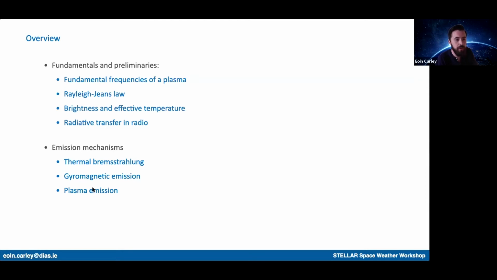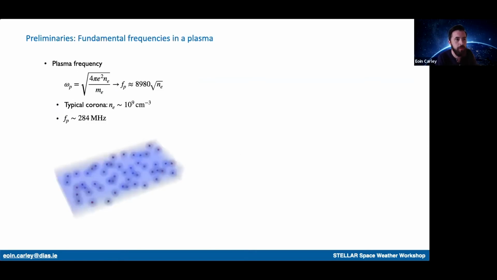And then ones that are important for solar flares are the gyromagnetic emissions, of which there are three flavors, and I'll describe them. And then most important for the low frequency domain, particularly LOFAR observations, as you saw in Diana's talk, it's an awful lot of plasma emission. So I'll go through the details of how these things are generated and what kind of physics we can get out of them. And please do also interrupt if you have any questions throughout.